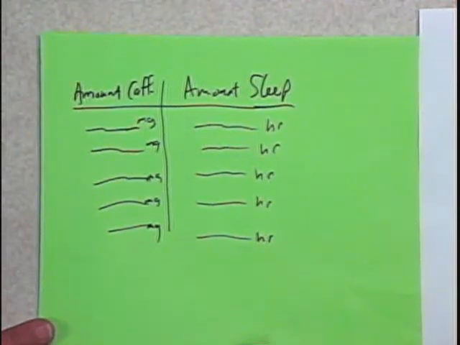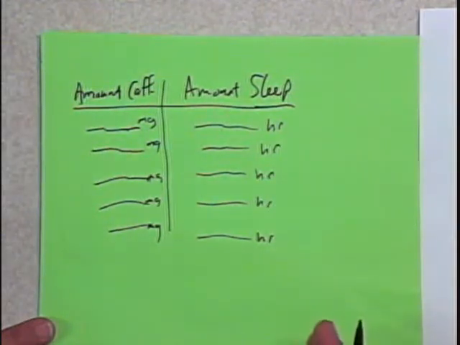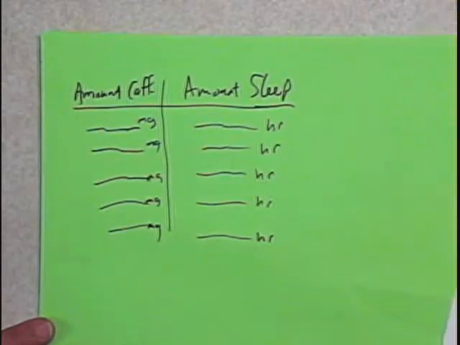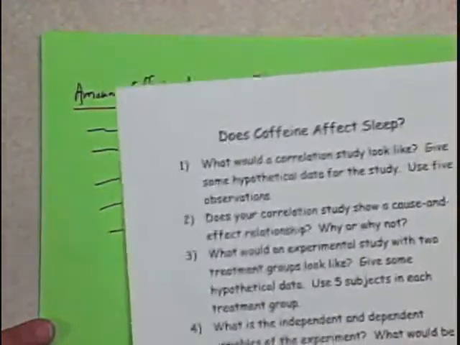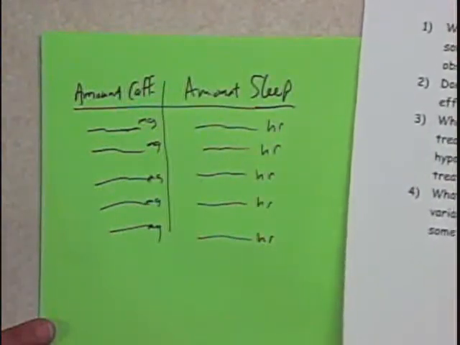Think of the churches and the violent crimes. If I did a sample of 100 cities and the relationship was still a correlation, it doesn't mean that there's a cause and effect relationship. It's just a different sort of relationship. So the correlation study cannot show causation. So the answer to this would be no.